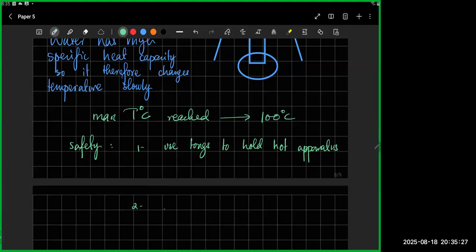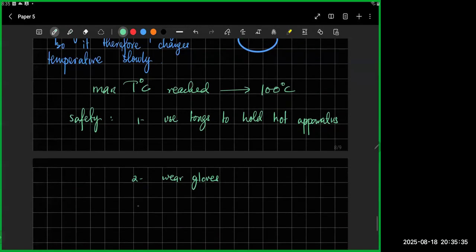Wear gloves so your skin does not directly come into contact with the hot apparatus. Especially when heating, this is something that is very important, you have to be careful.